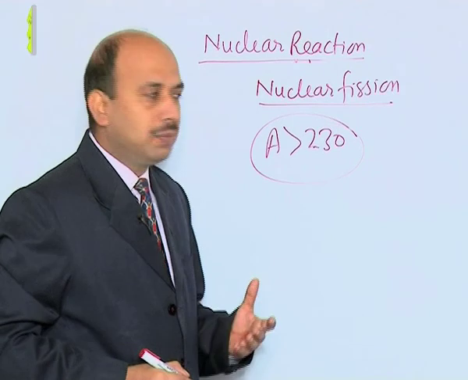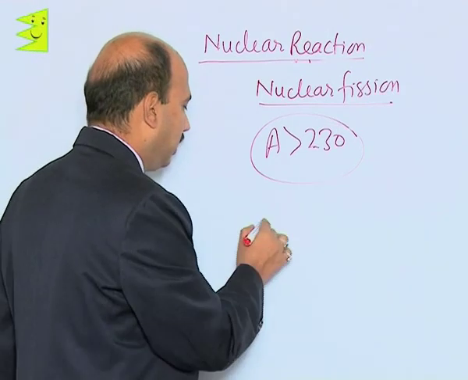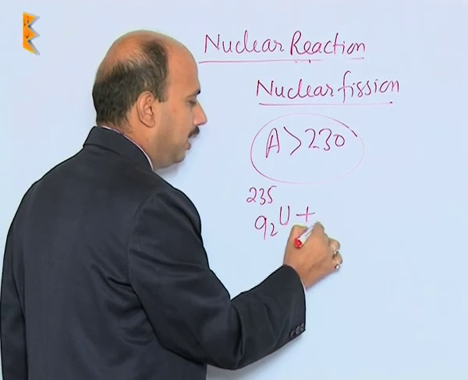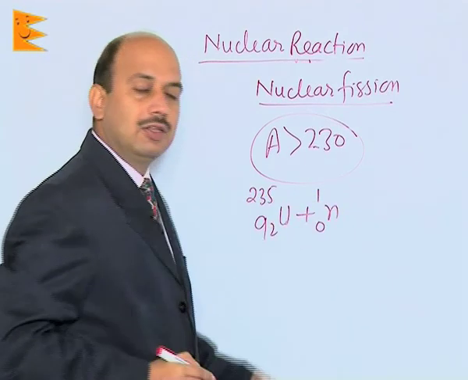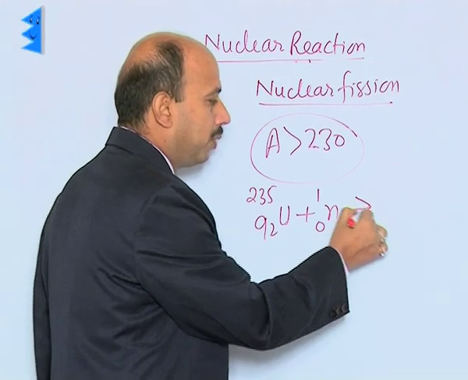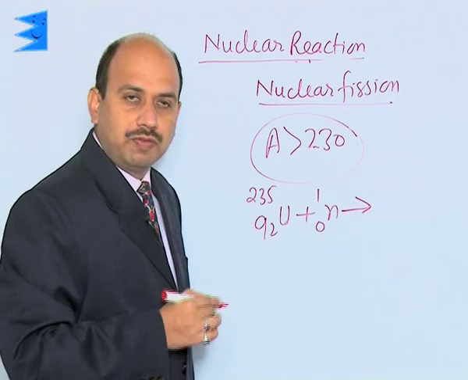If you take the example of uranium 235, it is bombarded with a slow moving neutron. When it is bombarded with the slow moving neutron, it breaks into two fragments.